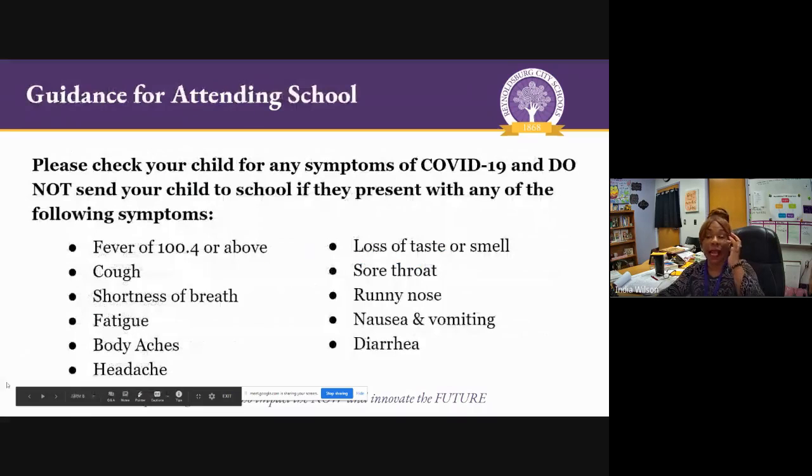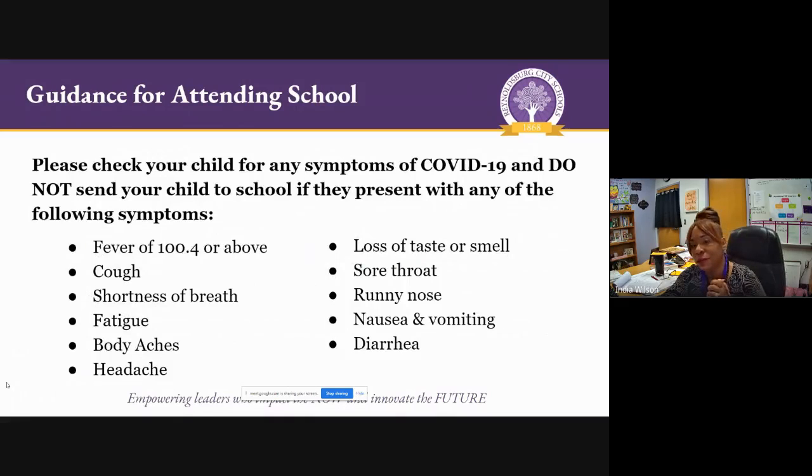All right, so let's discuss guidance for attending school. Please check your child for any symptoms of COVID-19 and do not send your child to school if they present with any of the following symptoms: a fever of 100.4 or higher, cough, shortness of breath, fatigue, body aches, headache, loss of taste or smell, sore throat, runny nose, nausea and vomiting, or diarrhea.